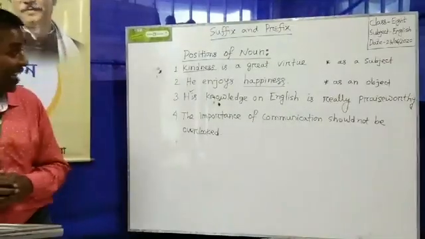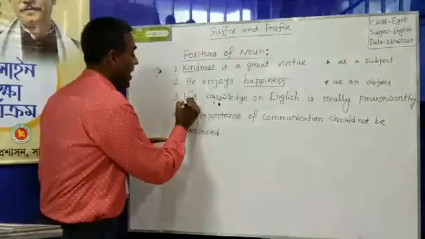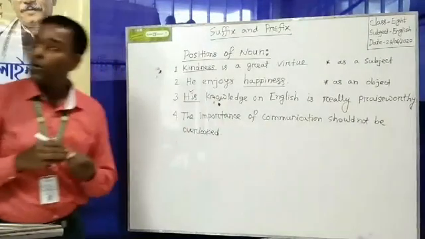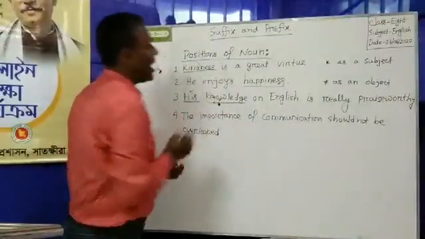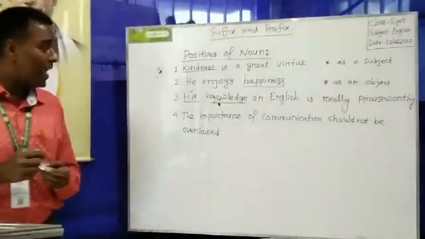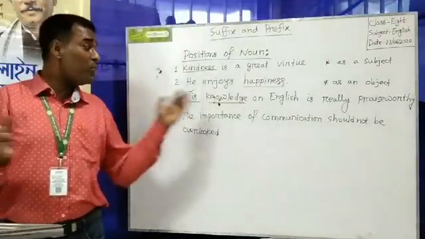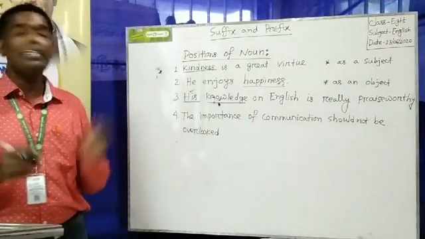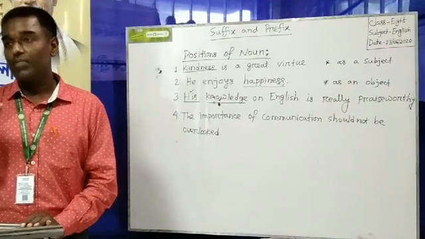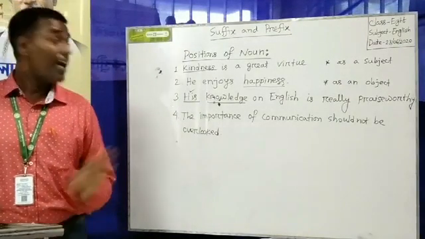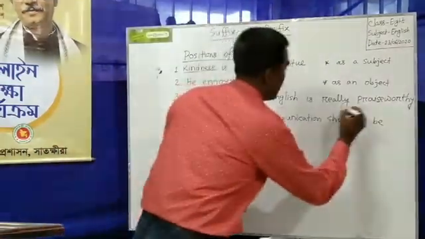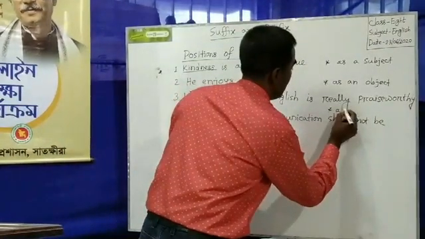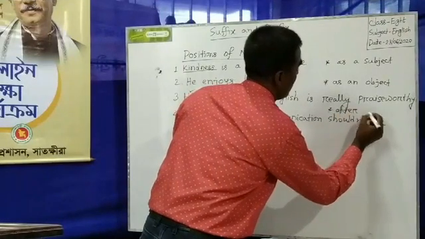Yes, the other one is possessive, and here his is possessive, and knowledge is a noun here. So dear learners, what is the position of knowledge in this sentence? Yes, after possessive.